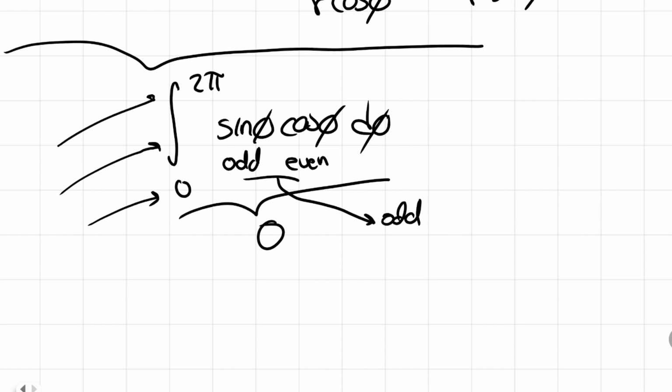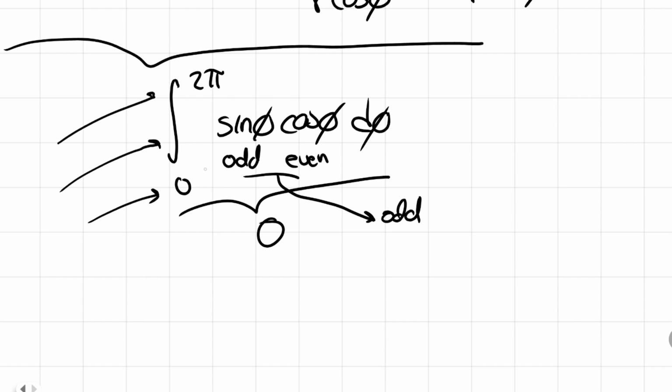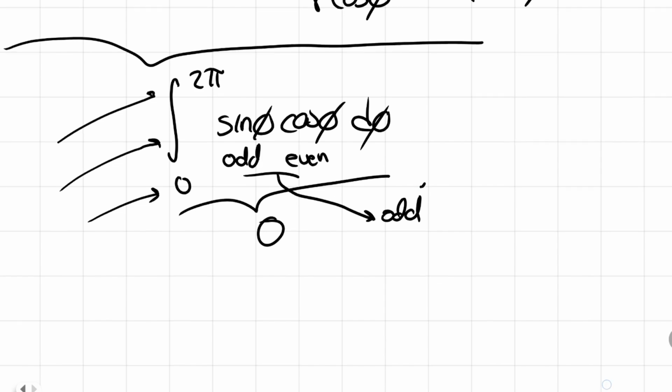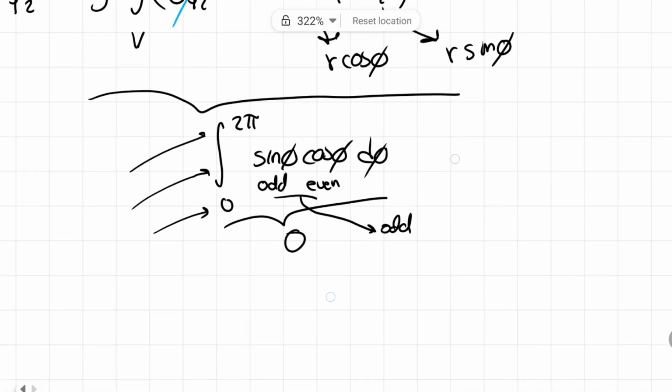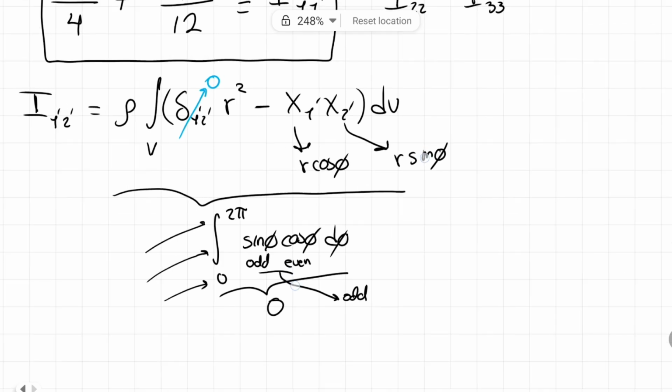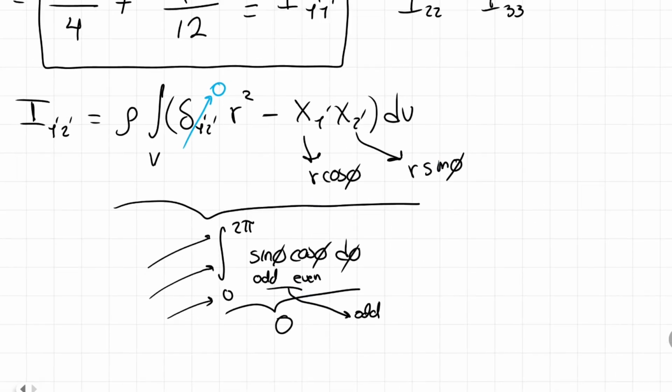And again, you can see this as that you are integrating an odd function on a complete period of a periodic function. So that means that the integral is going to be equal to 0 because we are integrating an odd function. Perfect. So that means that the component I12 is going to be equal to 0.